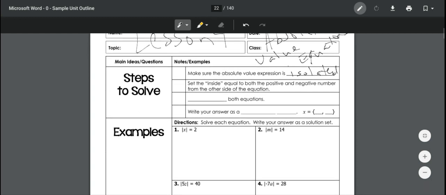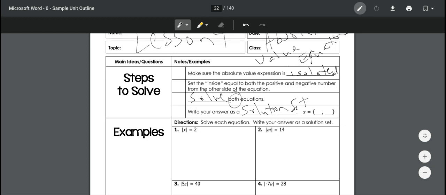And then you set the inside, meaning the inside of the absolute value, equal to both the positive and negative number from the other side. That will make sense when we do one. And then you solve both equations, and you write your answer as a solution set.